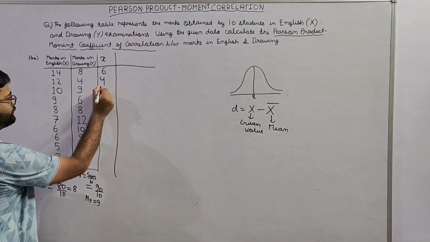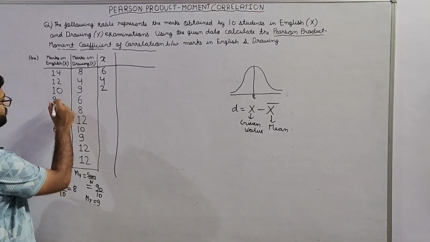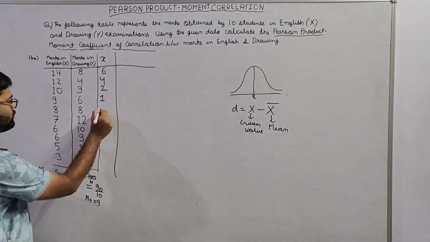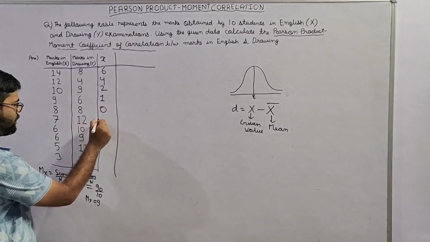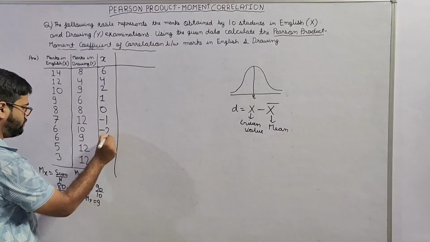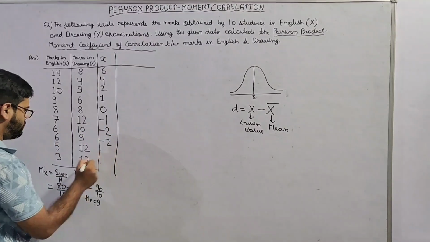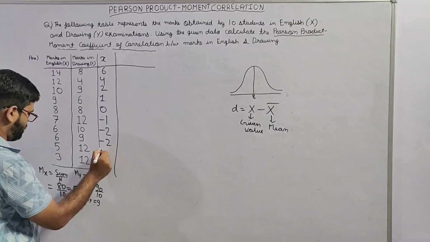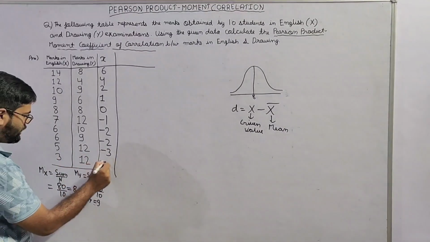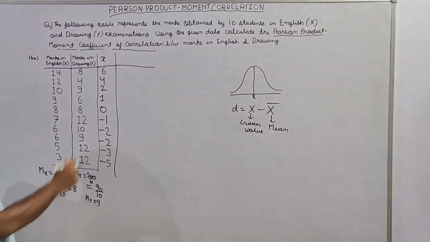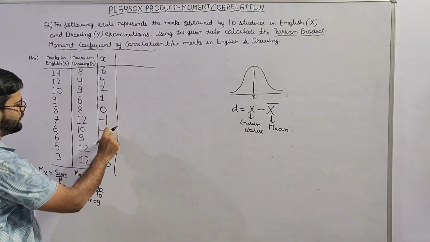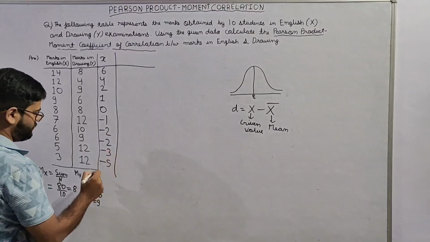In the same way, it is 2, 1, 0, minus 1, minus 2, again minus 2, minus 3 and minus 5. We count the values: 1 2 3 4 5 6 7 8 9 10.